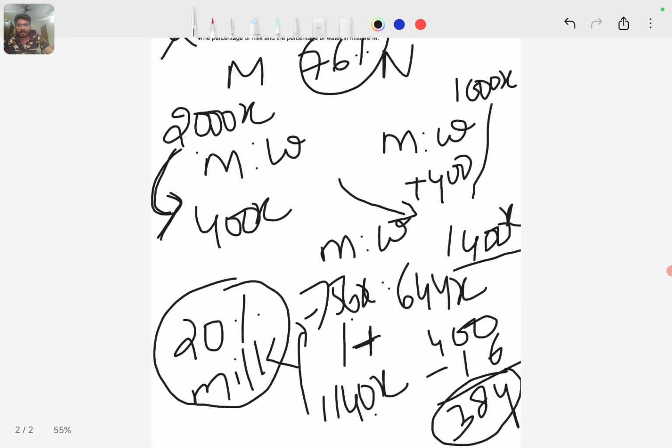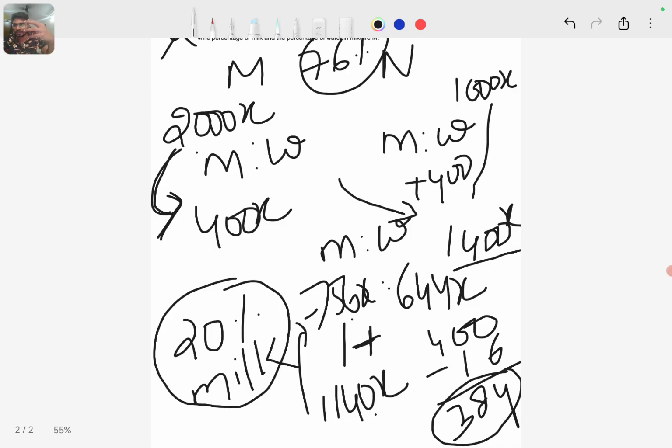The most important point here is that when we pour 20 percentage of mixture M into N, we are pouring 20 percentage of the milk and 20 percentage of the water in the same way. When we are removing 20 percentage of the mixture, we are removing 20 percentage of the water and 20 percentage of the milk.